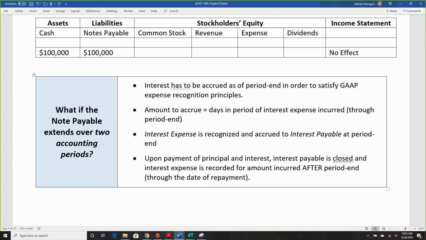When we talk about accruing interest, all that means is that we recognize a portion of interest as expense in the period it has been incurred. That does not mean the company has paid it, but we do recognize how much we have to have the liability.